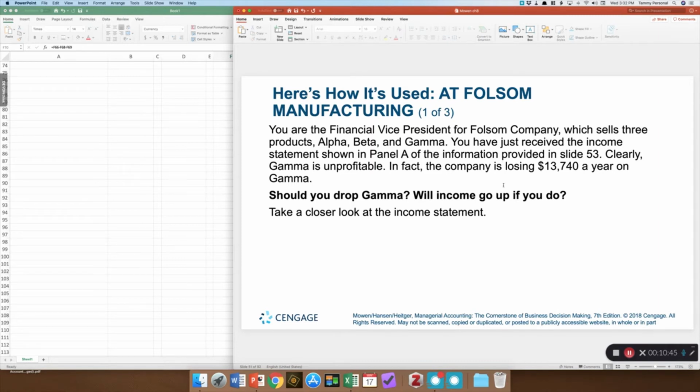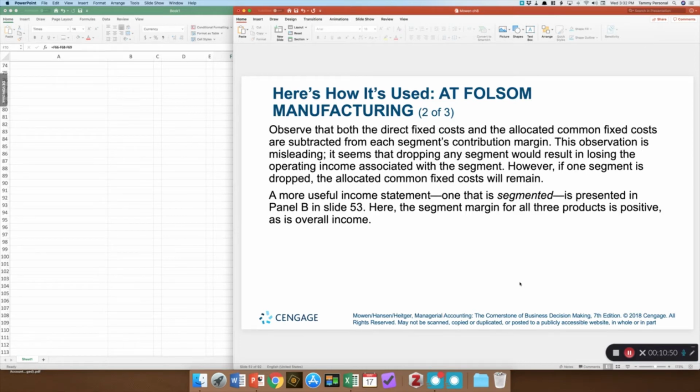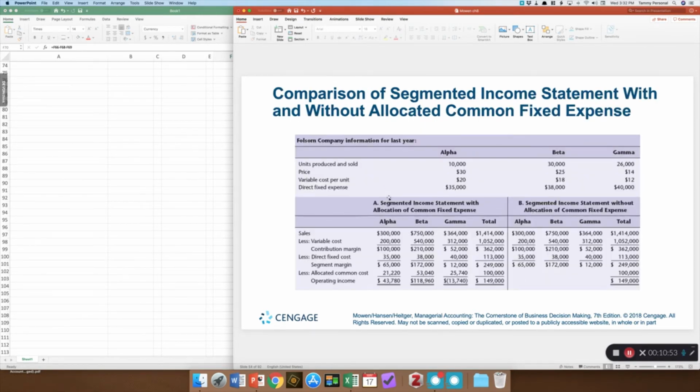So let's go take a look at that. Okay, so here's panel A of slide 53 over here. And it's showing, because they allocate the common cost, gamma as losing $13,740. Okay, so that's what we are presented with first. Just look at this section here, section A.